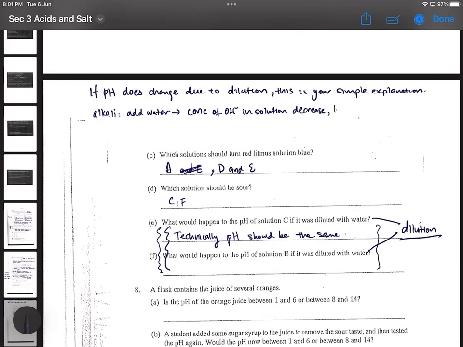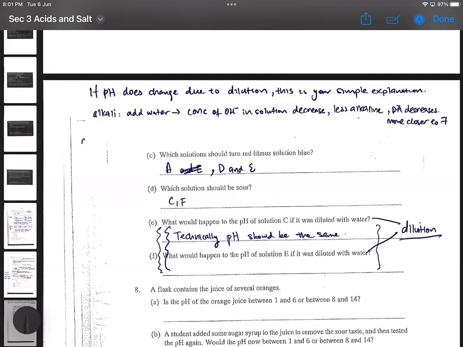So now it is deemed to be less alkaline. And because it's less alkaline, the pH will decrease. So it actually moves closer to pH 7, towards pH 7 because now it's more diluted.